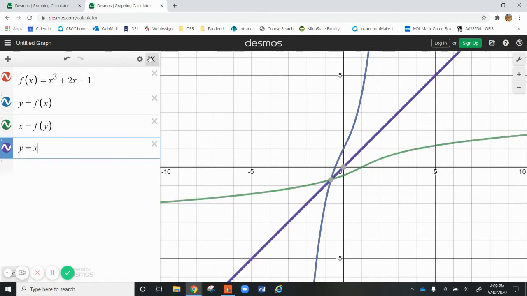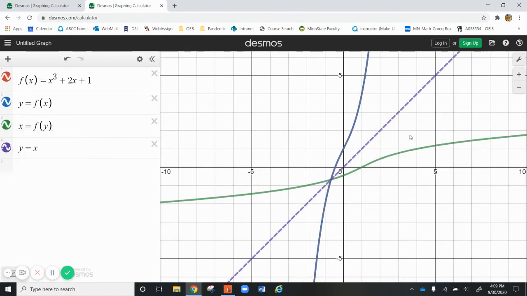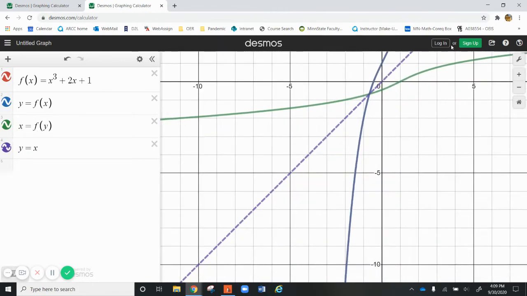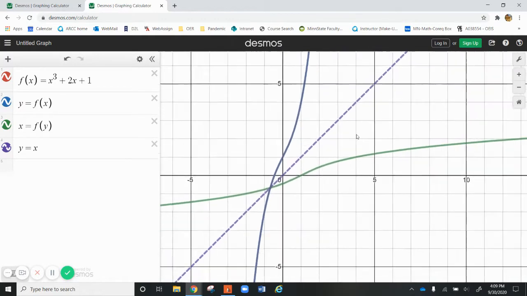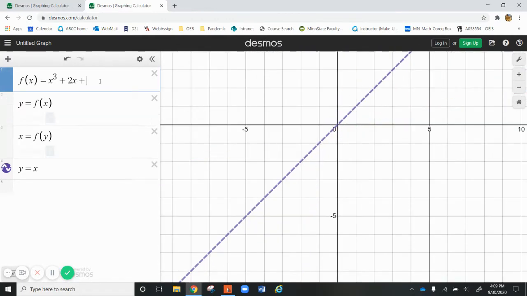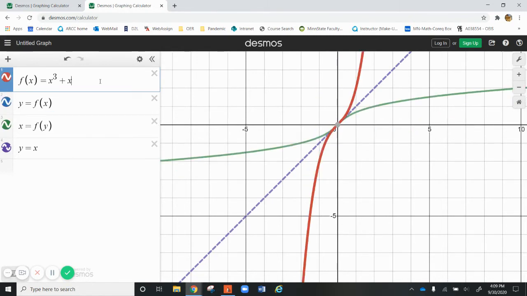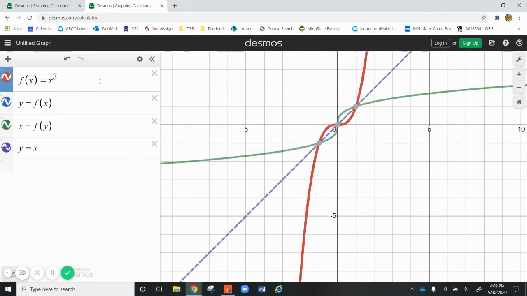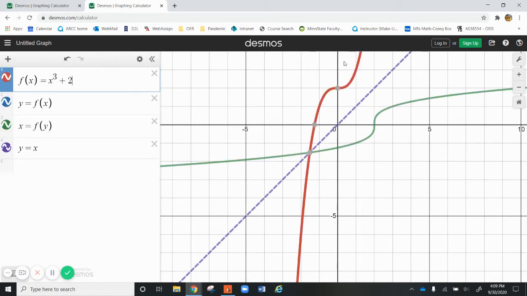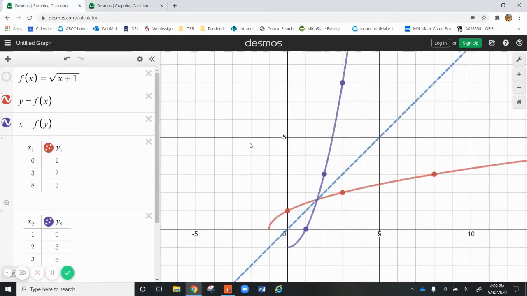That graph y equals x, that straight line, I'm going to make it dotted for us. Then you can see, again, these are inverses of one another. They're reflections of one another over that line. And no matter what you make this, if you make it plus 3, plus 4, plus 5, or plus 1x or just plus 2 or whatever you do to this function, its inverse is a reflection.